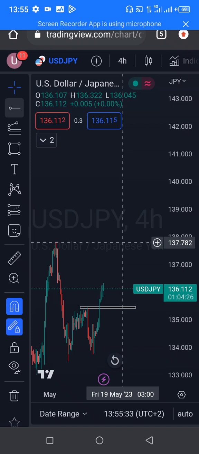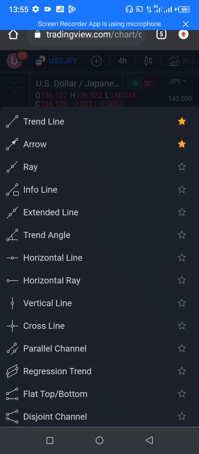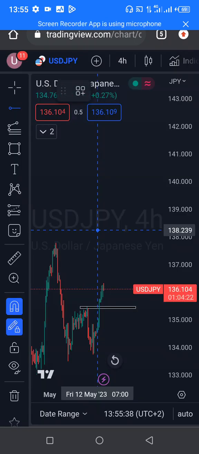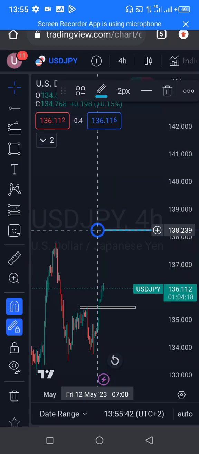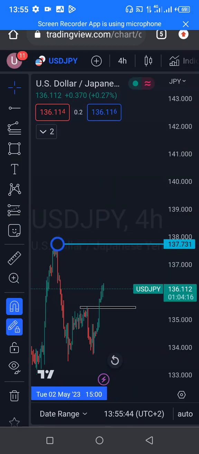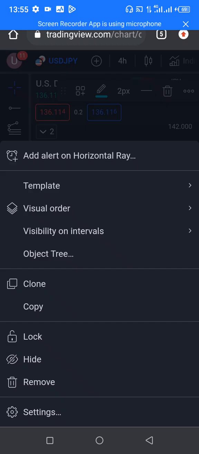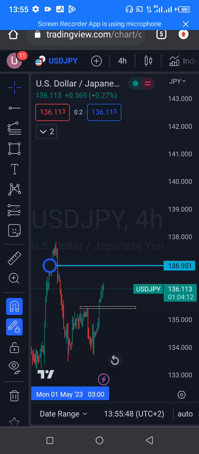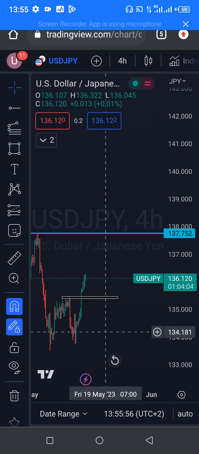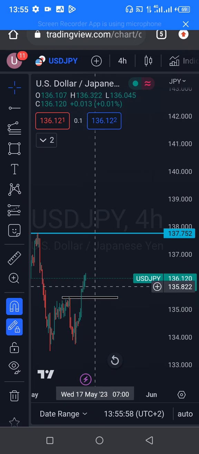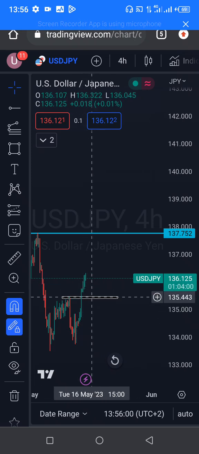Let me take my horizontal line. So my TP is going to be there. Around these areas, I'm going to look for the pullbacks to the upside.